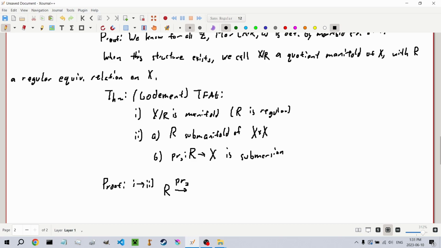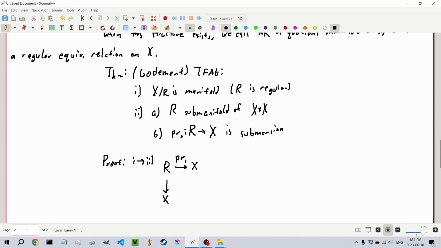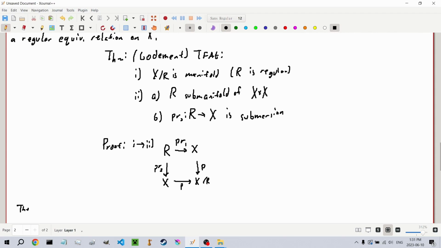We can project R onto X in two ways, because R is a subset of X times X, so we can project from either component onto X and then map by P onto X over R. We also see that the set R is equal to the fiber product over the quotient of X and X. Since P is a submersion, this gives R as a submanifold of X times X by previous results.